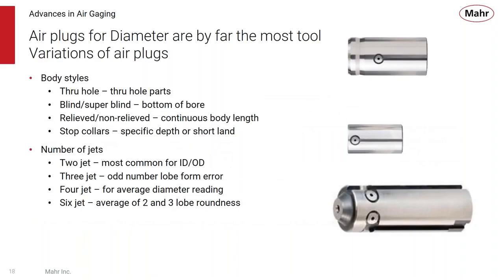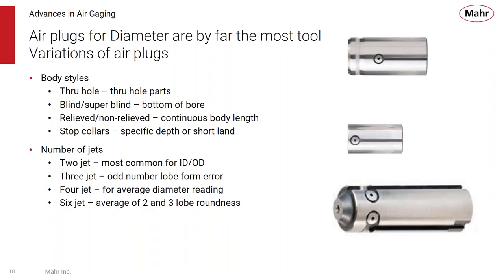Like I said, air plugs are the most common tool used, and they come in different styles. We saw a little bit of this before. We have through holes for through-hole bores, blind holes when we need to get into the bottom of the bore. We can have longer body lengths where you can have a continuous diameter, or they could have a measuring diameter and then be brought down to a clearance diameter.